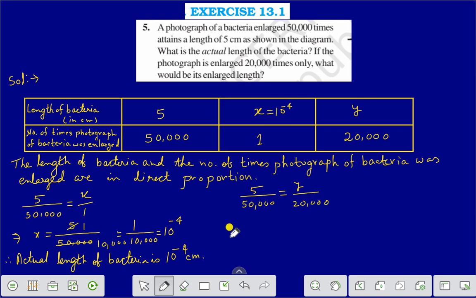Therefore, the value of y can be written as is equal to 5 into 20,000 divided by 50,000.